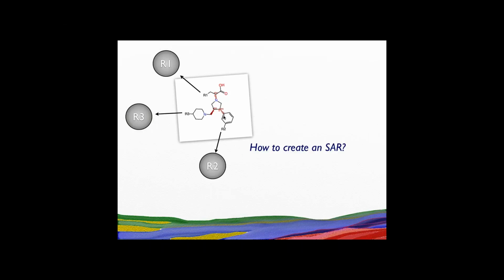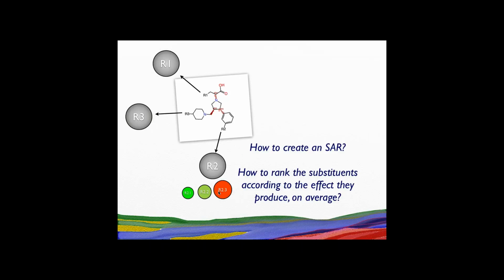Basically, you have to draw the scaffold or the core fragment, and then DataWarrior will extract the substituents automatically. It's also very nice to be able to rank the substituents according to the effect they produce on average, so how much they can influence the effect of the compounds.